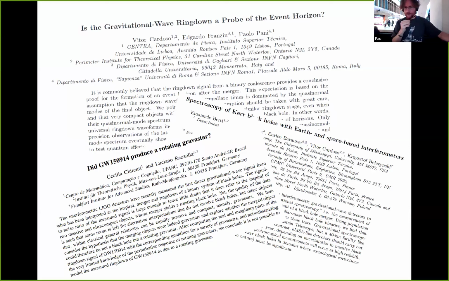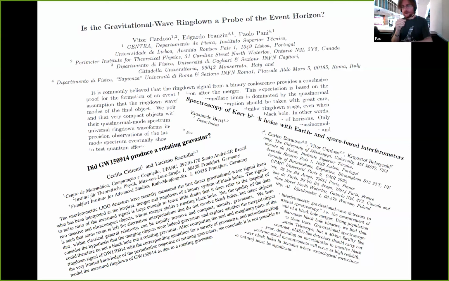They reproduced the first detection with two wormholes. Cecilia Chirenti with Luciano Rezzolla, also two friends of mine, did the same exercise with a gravastar. A gravastar is a very strange star, which I will not describe now because we don't have time, but the point is that it has a surface, so it's not a black hole.